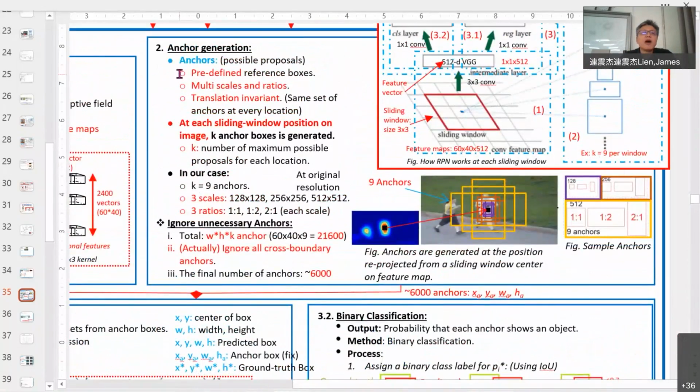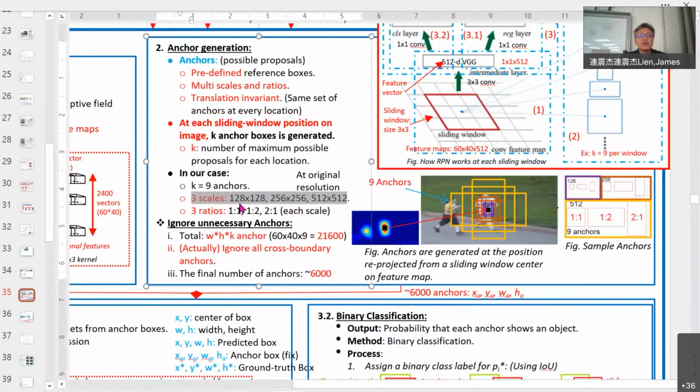In the second one is about the anchors. How do you design the anchor? So we just talk about anchor. Anchor is that we total have 9 anchors because we have 3 scales. Why here is 128 scales? It's not 3 by 3. Why?